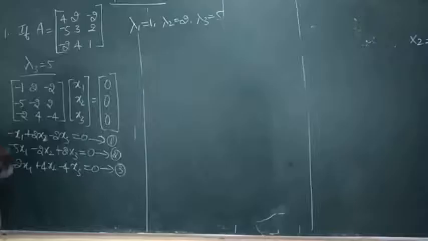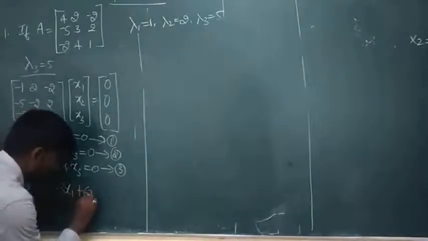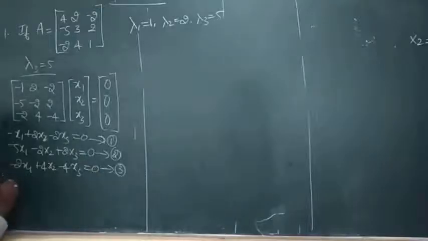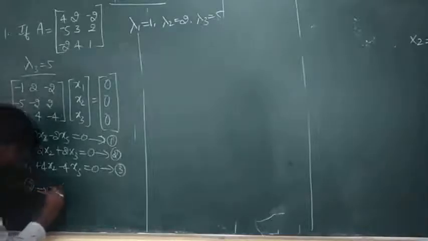By adding equation 1 plus equation 2, we get minus 1x1 minus 5x1 gives minus 6x1.